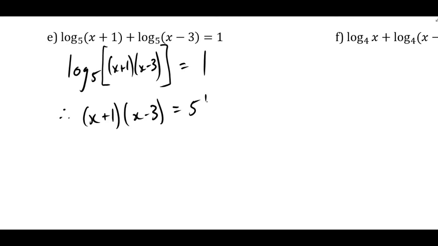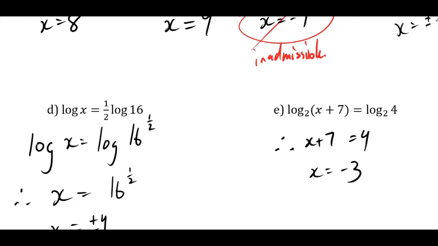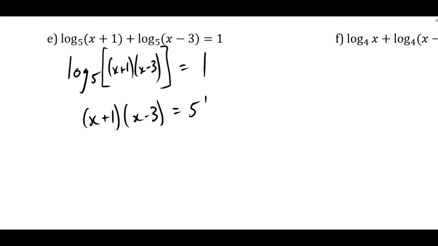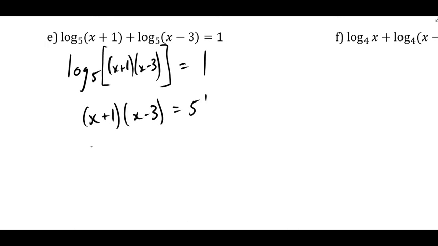Everybody okay with that? If you're not, go back up here and think about what we did, like in example A, for example. It's the same idea. So now we just solve. X squared minus 2x minus 3, and then I'll take the 5 to the 1, which is just 5 over, minus 5.